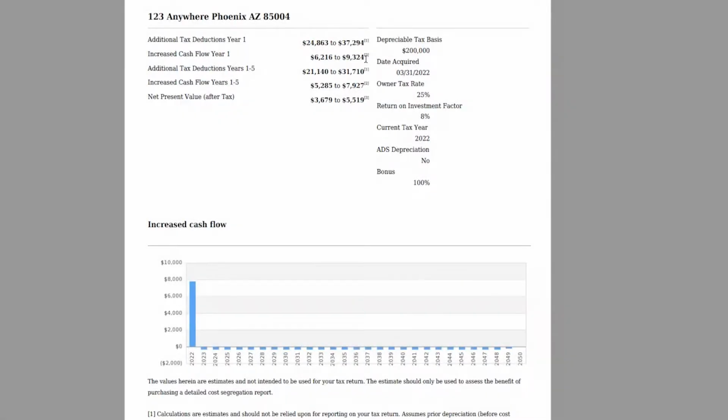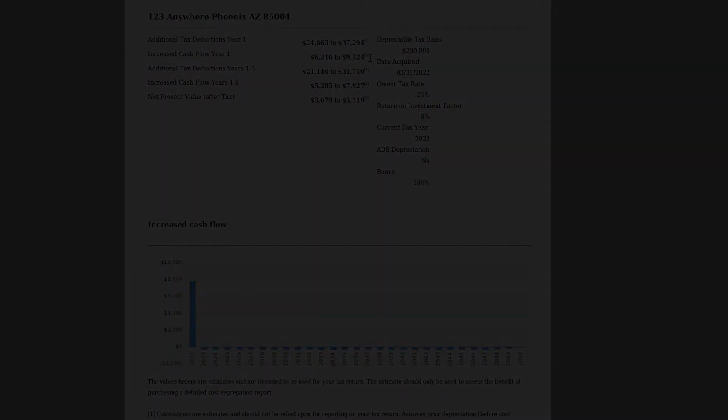Okay, so if that was the case and you saved $6,200 to $9,300 in taxes, again, spending $1,000, does it make sense? I would say yes, it makes sense. You're still netting $5,000 to $8,000 roughly in tax savings.